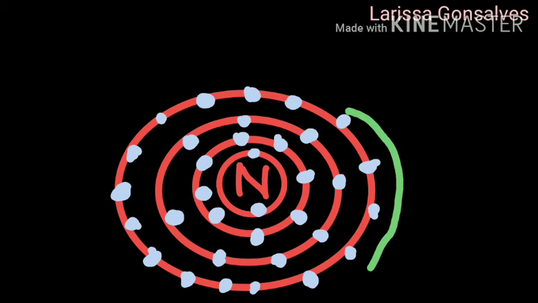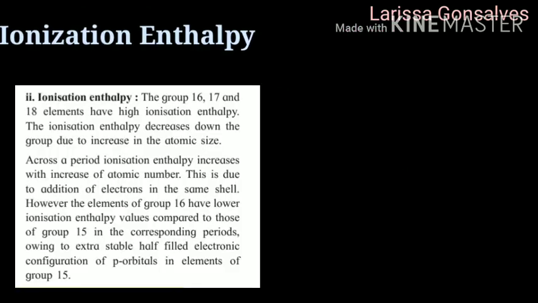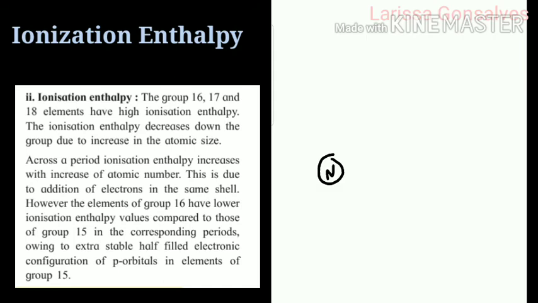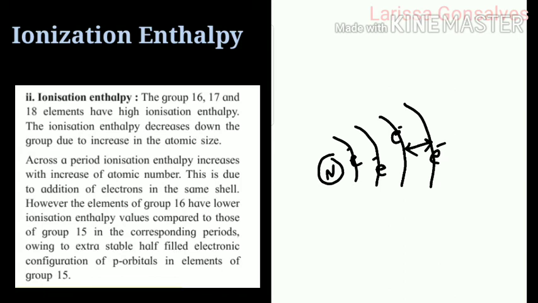Next is the ionization enthalpy. Now what is this ionization enthalpy? This is the nucleus, then we have the first shell, second shell, third shell, fourth shell. In each shell there are electrons present, right? And these electrons are going to repel each other since they have the same sign.